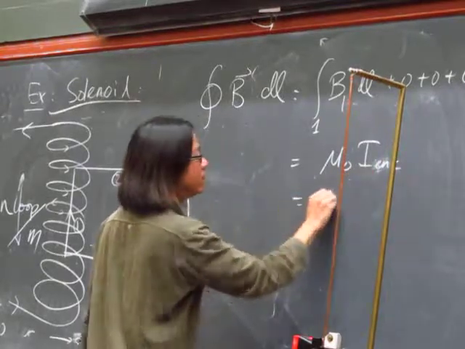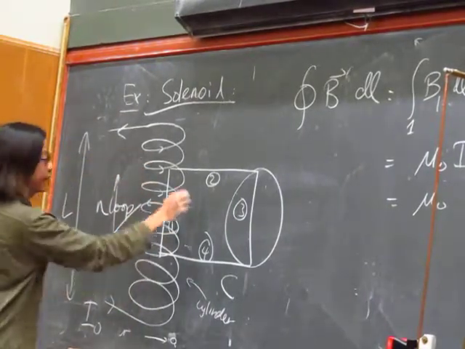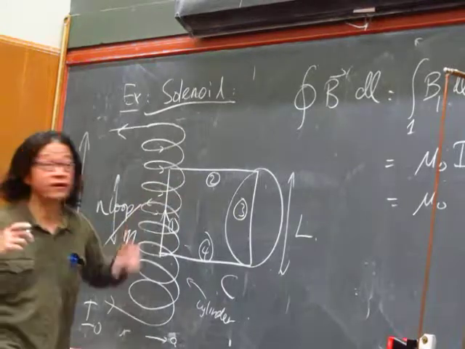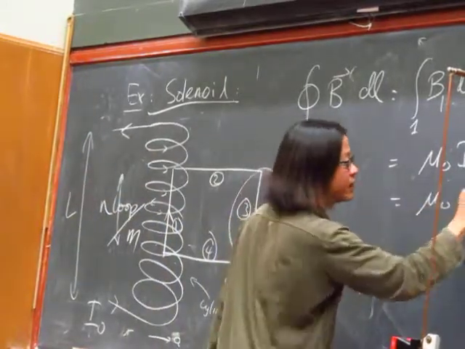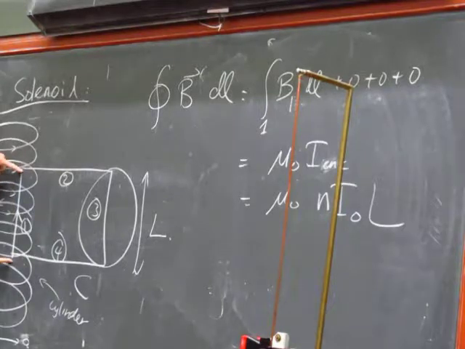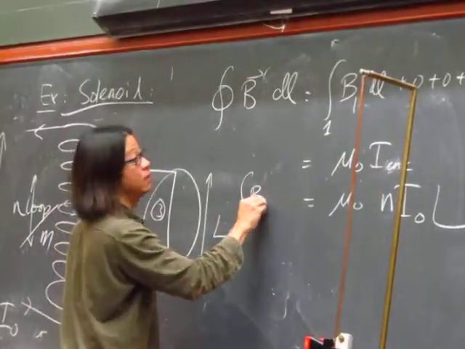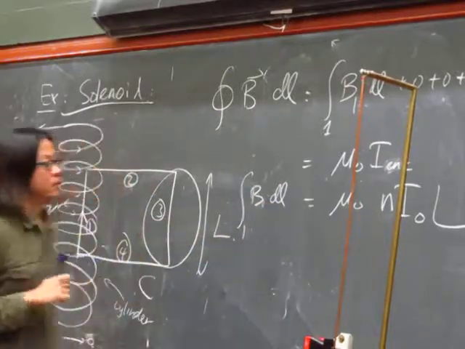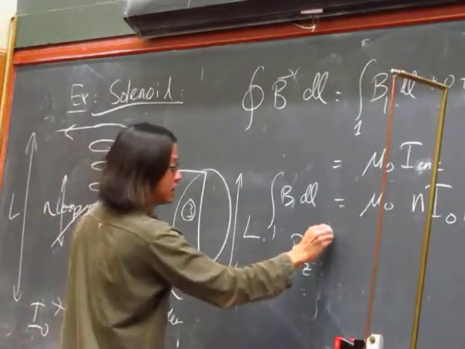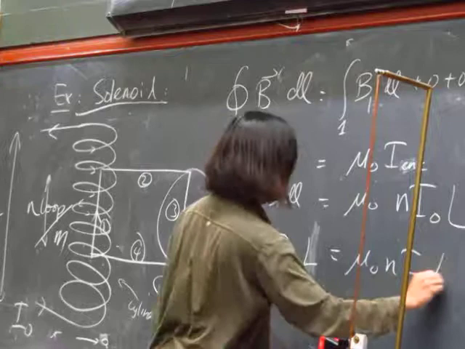Now what is I enclosed here? If this thing has a length L, I enclosed is the number of windings per unit length, times I naught, times L. This just tells you the number of loops over the length L. And the left side is just the integral of B dot dl over segment 1, and in this integral I can pull the B out, which is B_c, times L, equal to mu naught n I naught. The L cancels.